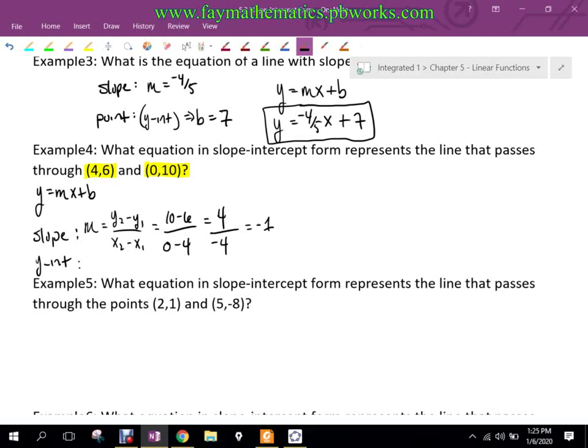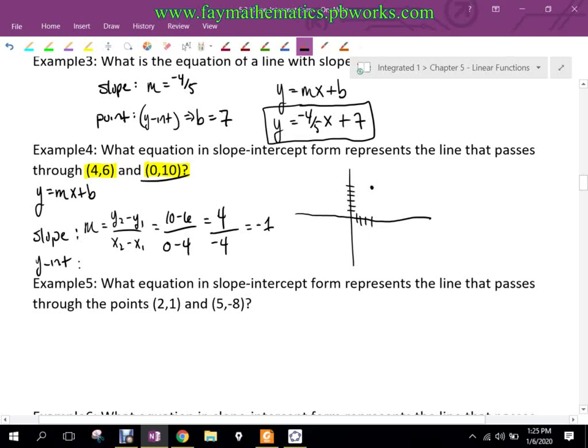Okay. Now, I need my y-intercept. So here's where it makes sense for us to be able to recognize what that point right there is doing for us. Okay? If I were to quickly sketch a graph of those 2 points, 4, 6 would be 1, 2, 3, 4, 1, 2, 3, 4, 5, 6. 4, 6 would be right there, right?